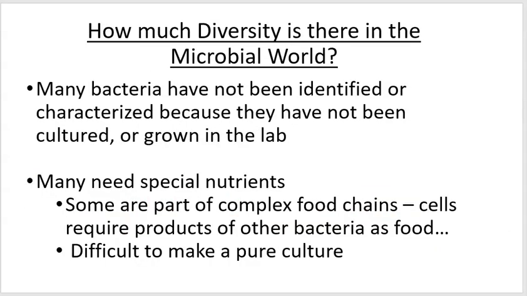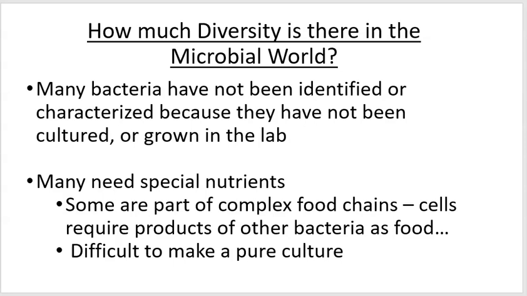A lot of these bacteria haven't been identified because they haven't been grown in the lab. We haven't been able to culture them, and a lot of them are going to need some special nutrients. For example, some cells can be part of a very complex food chain. The first bacteria eats some of the surrounding material in the environment, and it produces a waste product that's food for another bacteria.